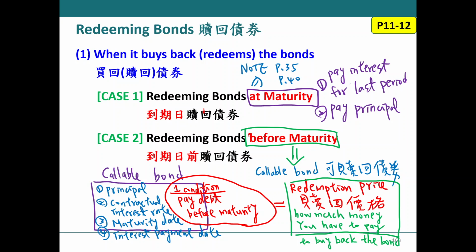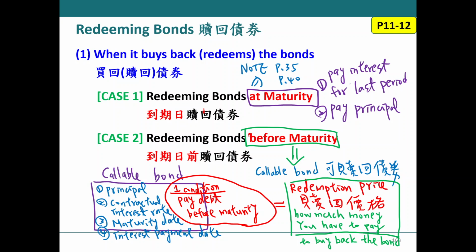Otherwise, who wants to lose the business, who wants to take the loss? No one. So they cannot get the interest, so they require you to pay the redemption price. How much money you have to pay, okay? Any questions? So this is callable bond. After you issue that, you could pay the money back before maturity date. Any questions?